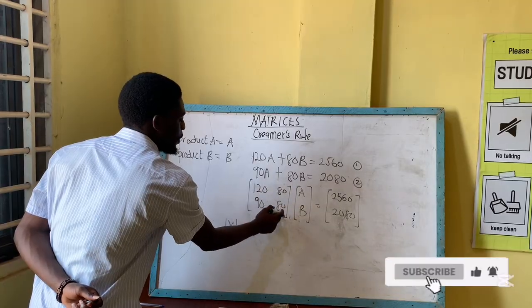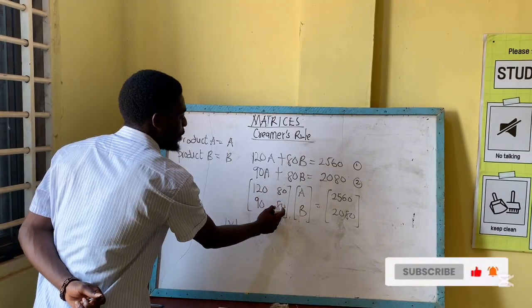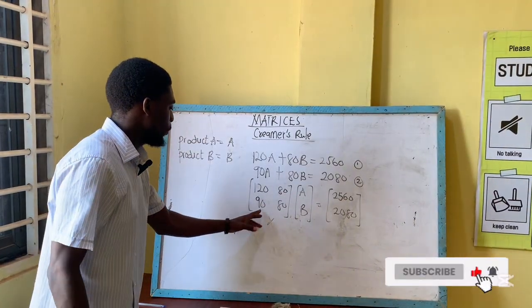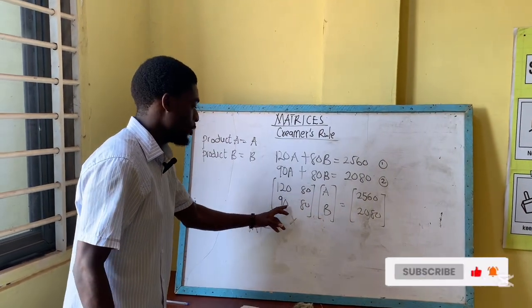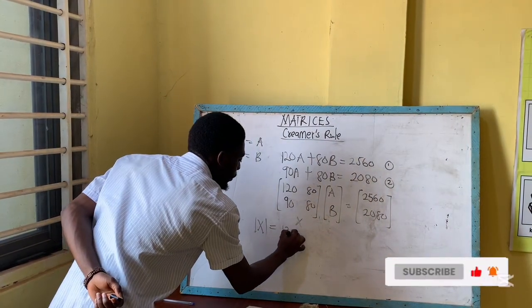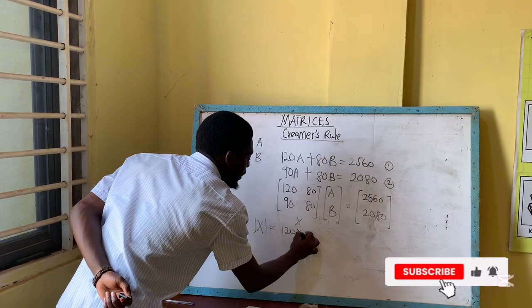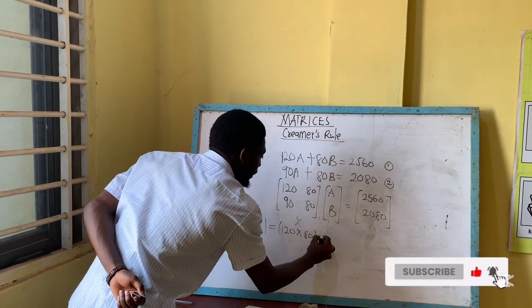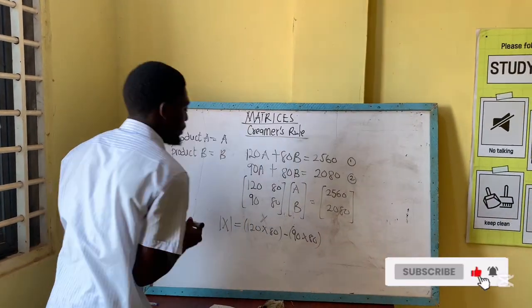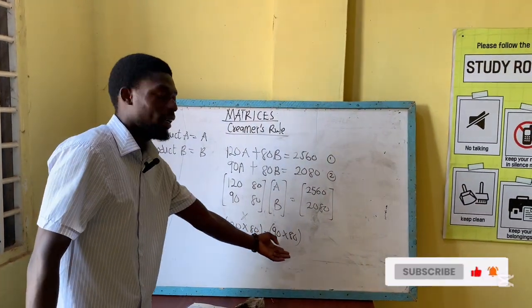So the determinant of matrix X equals, you multiply the principal diagonal, which is 120 and 80. After that, you subtract the other diagonal, which is 90 and 80. So we have 120 multiplied by 80 minus 90 multiplied by 80. This is the principal diagonal and this is the other diagonal.